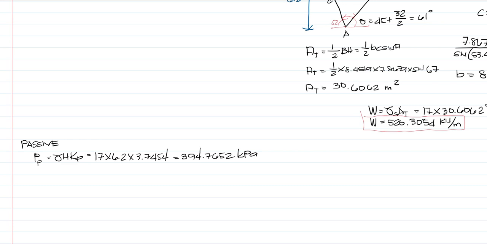Then, we could now get the passive force. So, that will be equivalent to 1/2 ng P sub P times H. So, that will be a value 1/2 times 394.7652 times 6.2.